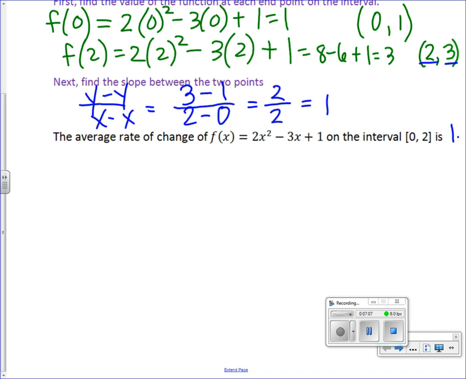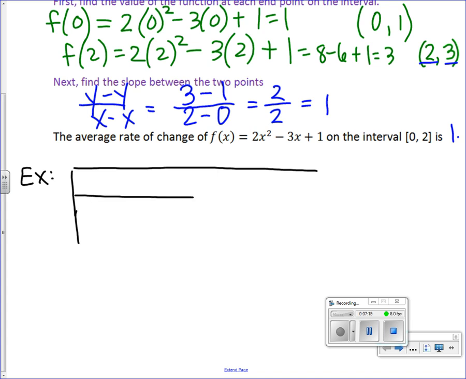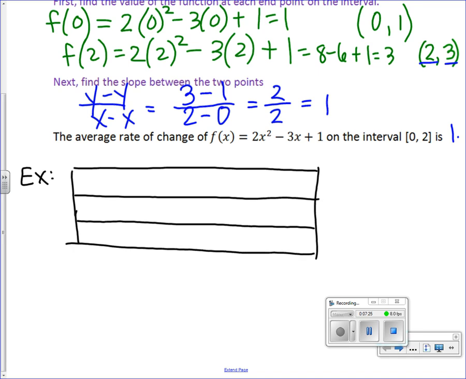For this example, let's do a 3 by 3 table. Actually, we need 4 rows.